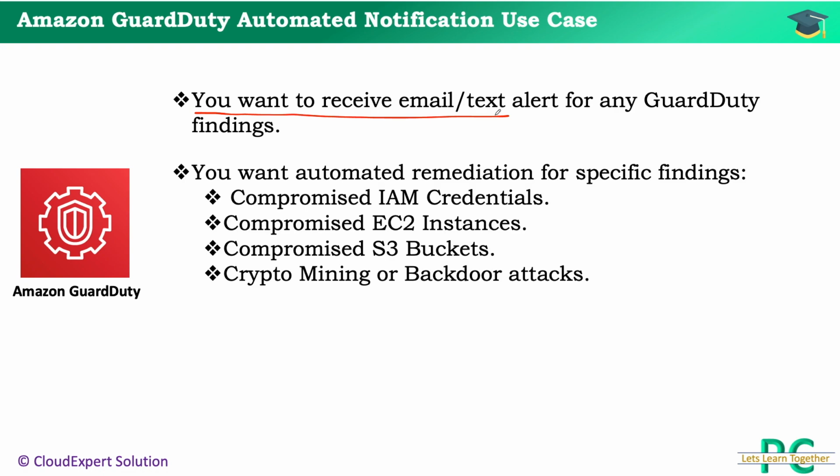Next, if you want to automate remediation for specific findings. In today's demo, we will set up a SNS topic. Using SNS topic, you can either send email, text, or even trigger Lambda functions. Using those Lambda functions, you can automate the remediation step.